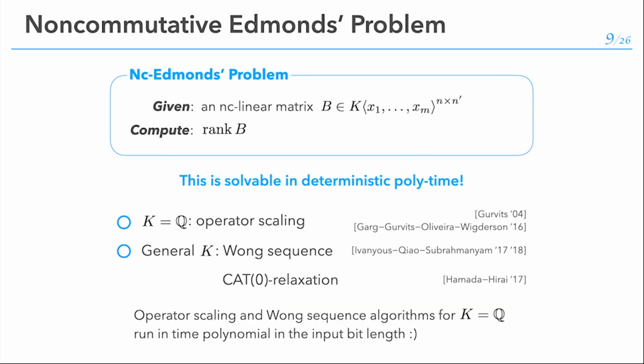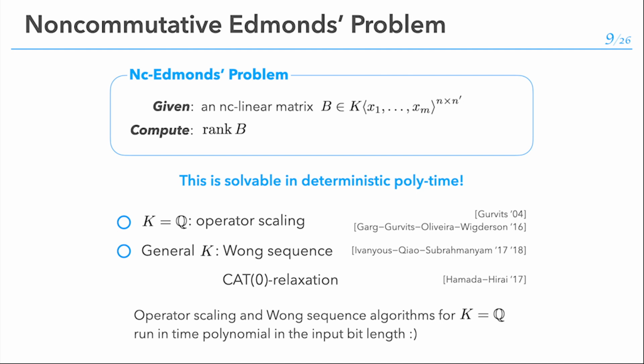Indeed, this non-commutative Edmonds problem is deterministically polynomial time solvable. If the base field K is Q, the field of rational numbers, an operator scaling algorithm is known, and if K is a general field, then an algorithm called Wong sequence and the Cat-zero relaxation provides a deterministic polynomial time algorithm.